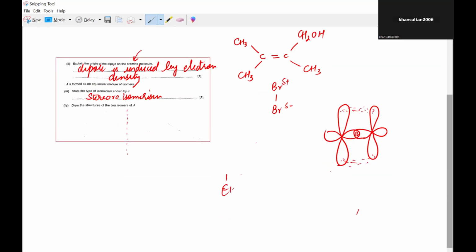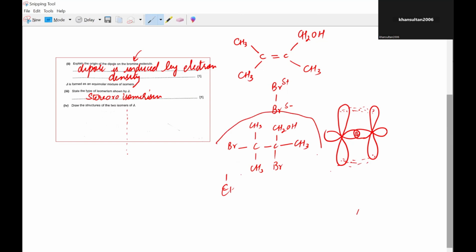This is the C carbon, and we have Br here, C here, CH2OH here, Br here, and CH3 here. I hope this is the structure. Yes, so this is the structure.